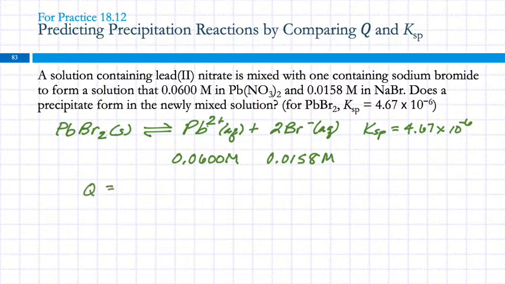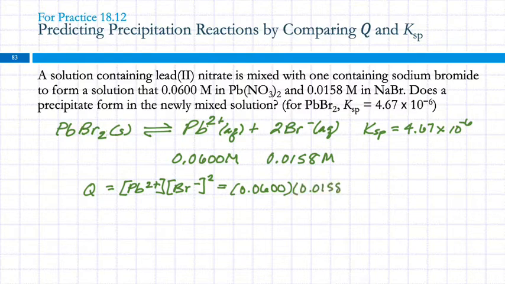So Q will equal the concentration of lead times the concentration of bromide squared. One 1.5 times 10 to the minus 6.